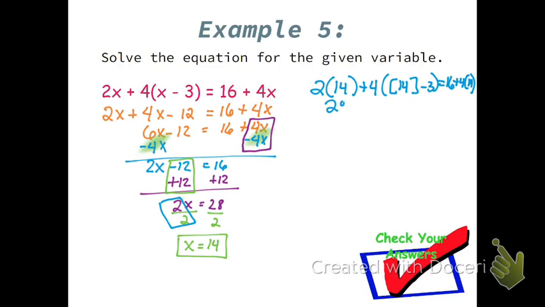So we're going to simplify everything using our order of operations. And 28 plus 44 does equal 72. So that's how we know that we have solved this problem correctly.